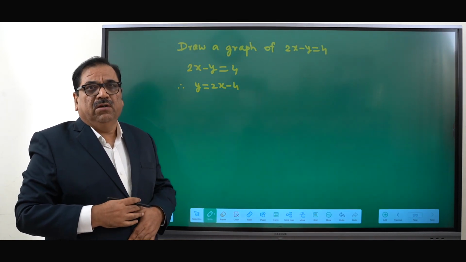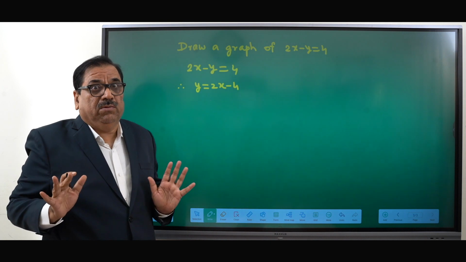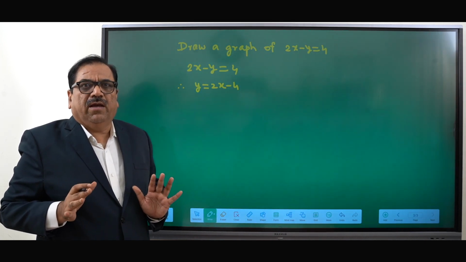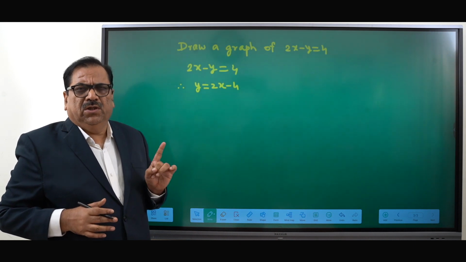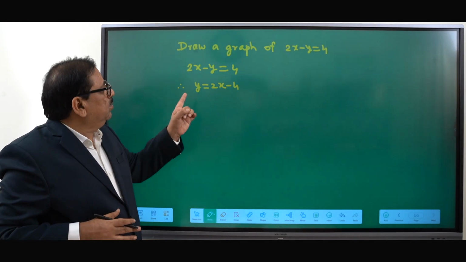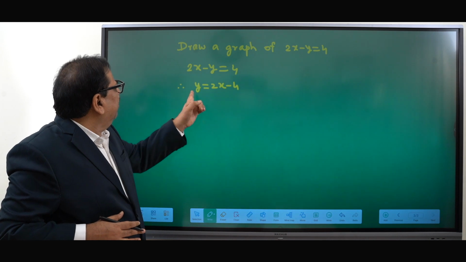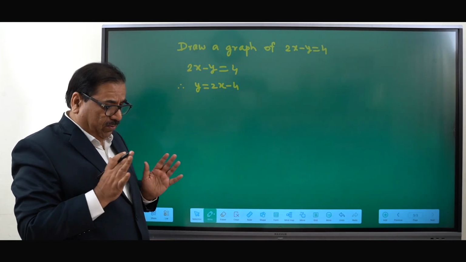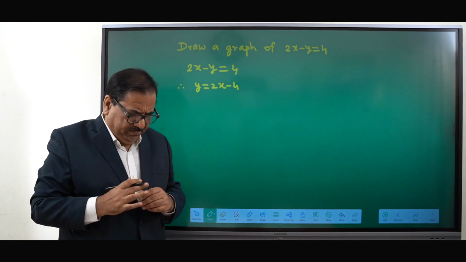Friends, remember, everything is not possible to explain. Now we are learning graph and I am not teaching you equations. Therefore, you should understand what is done and why we got y is equal to 2x minus 4. This is the equation.